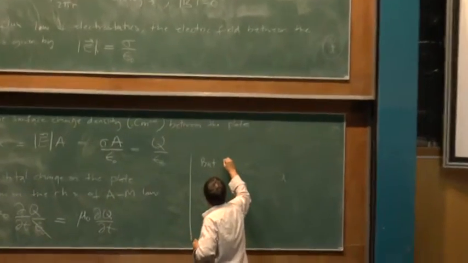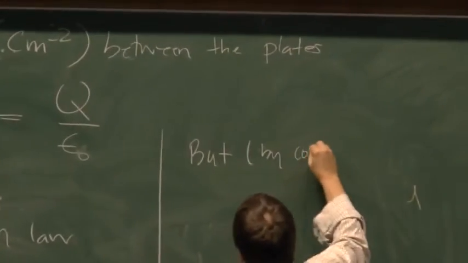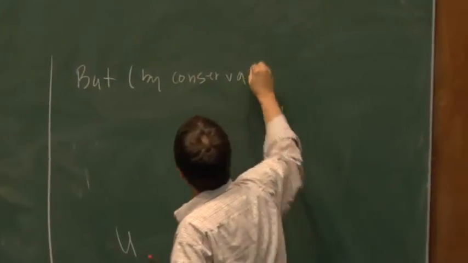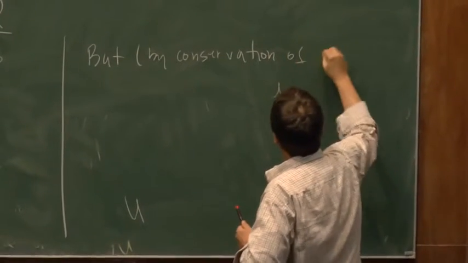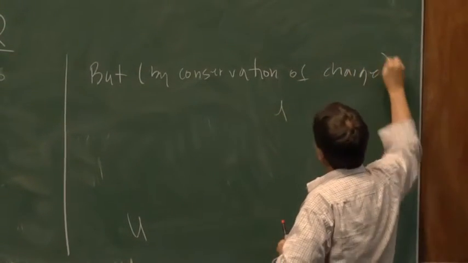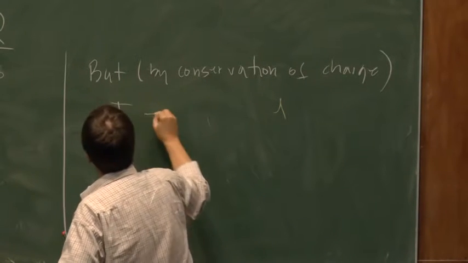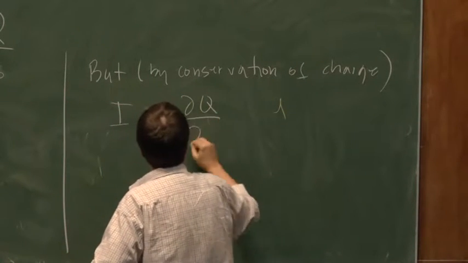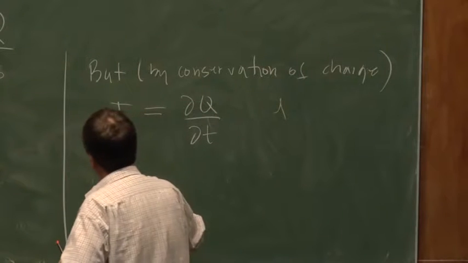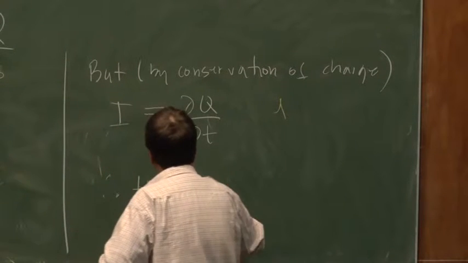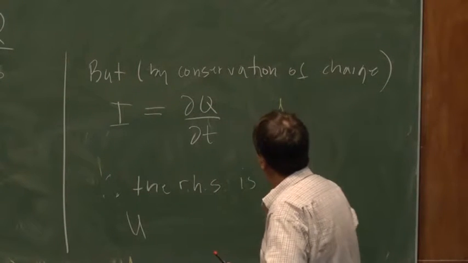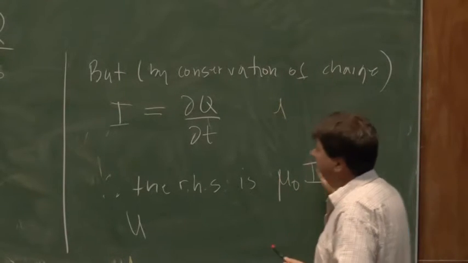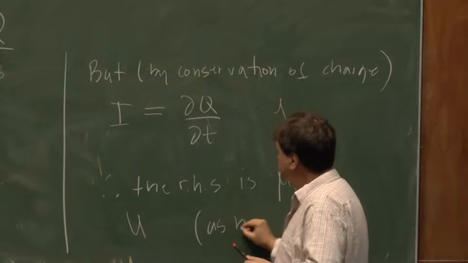By conservation of charge, that current is all piling up on the plate, so I is dQ by dt. Therefore, the right hand side is mu naught I, as before.